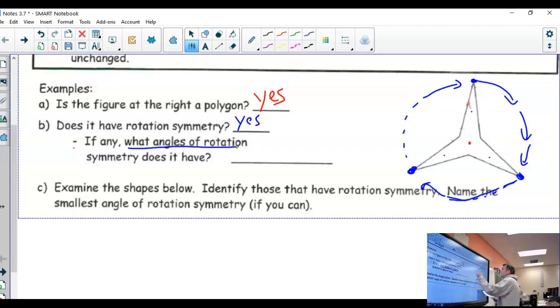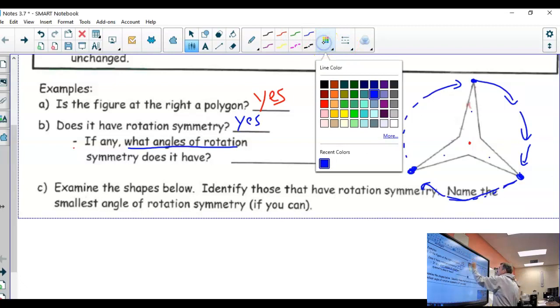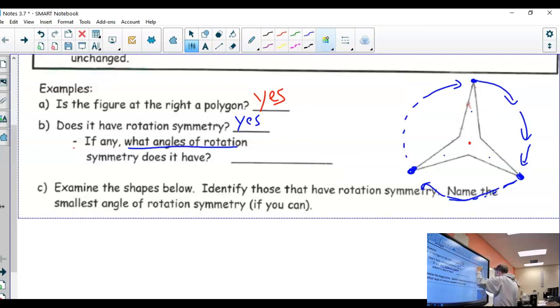All right, so technically, I would like you to write this down. Angle of rotation symmetry.